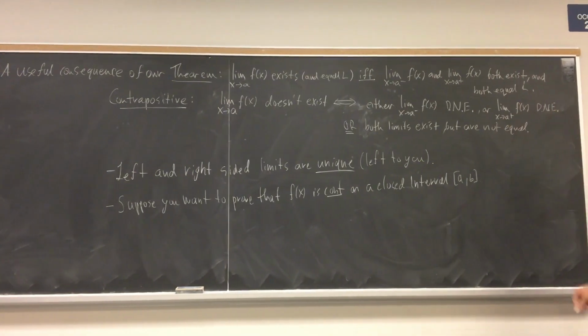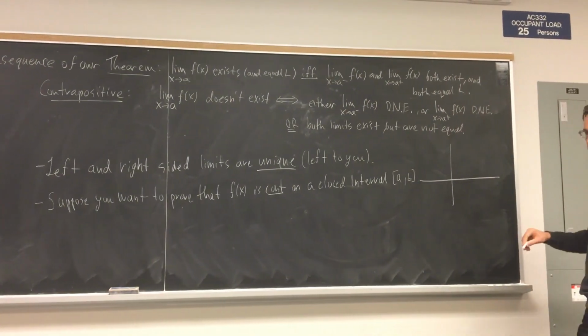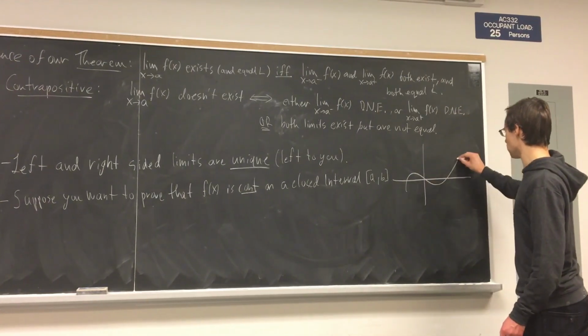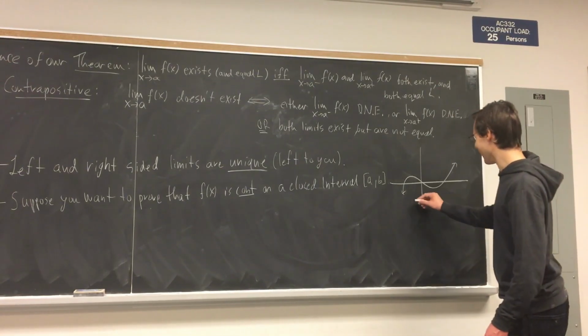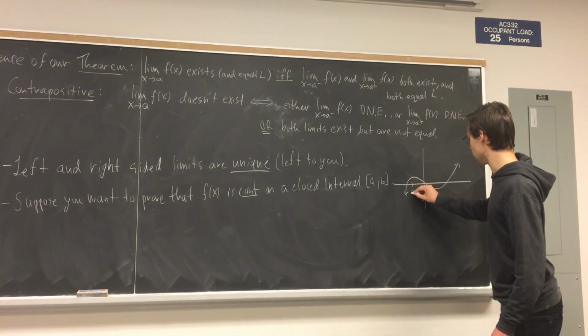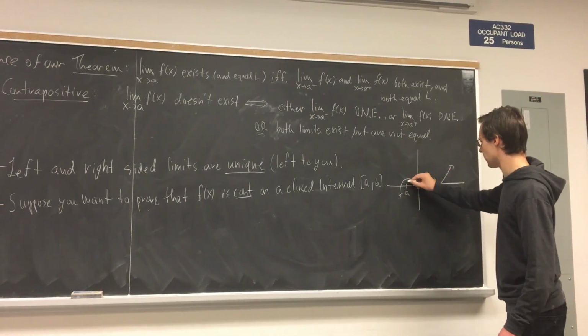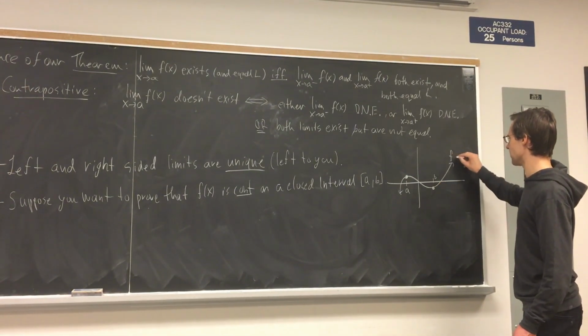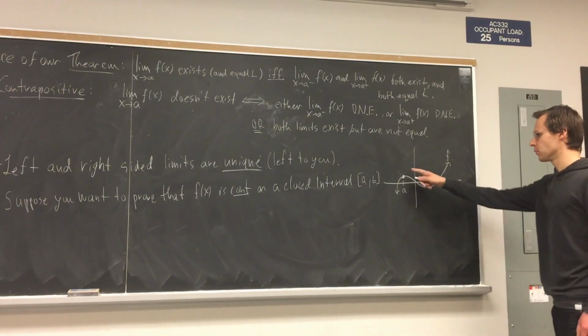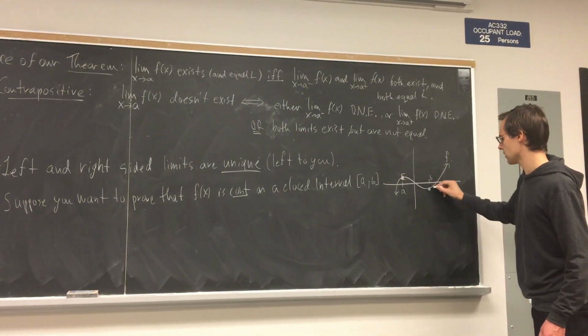There's our closed interval a to b. Draw a little picture maybe. There's the function. It always looks like this, okay? And let's say we want to prove continuity on a to b. There's a, there's b, okay? We're looking at this segment of the function f, and we want to prove that it's continuous here, on that closed interval.